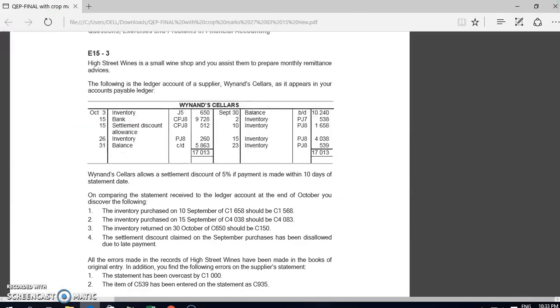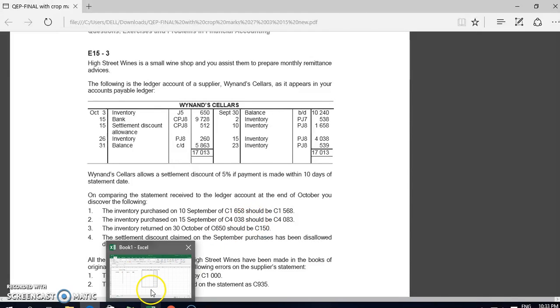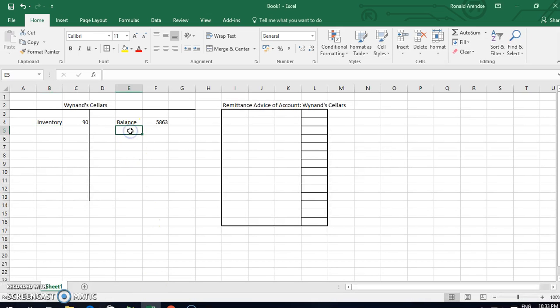The next transaction, it says inventory purchased on the 15th of September for 4038 should be 4083. So here we said we have to increase our account with the difference, which is the 45 Rand. So we say inventory, and we increase the account with 45 Rand.